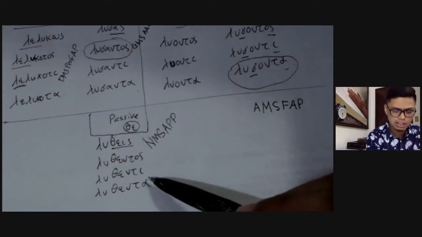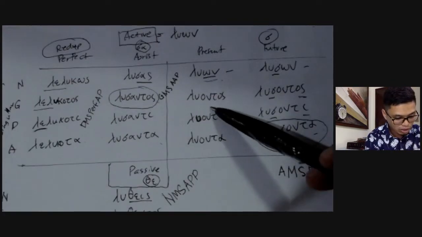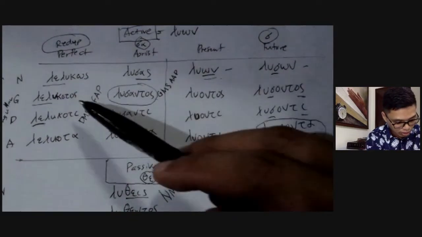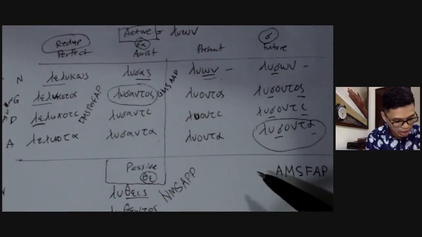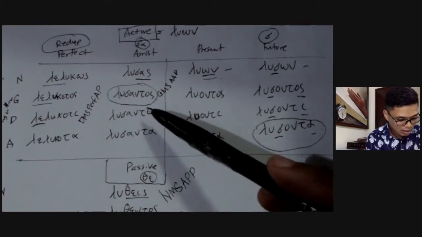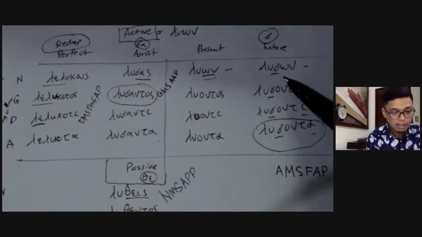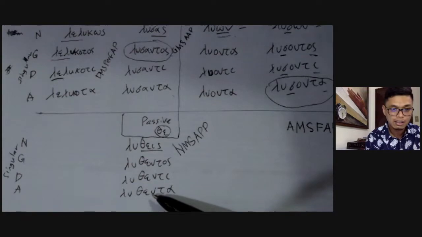So this is just a unique one. But what you need to remember is you have ont, ont, ont, ont. Then you have socia. All of them follow socia. Reduplication for the perfect. Sa for the aorist active. Sigma for the future active. And for the aorist passive, face. Here at the bottom. Not hard at all.